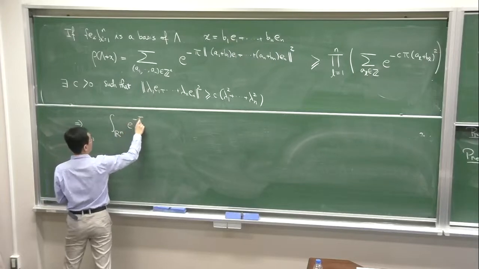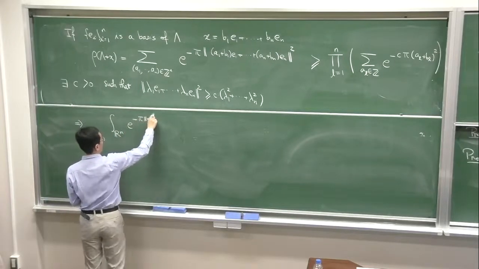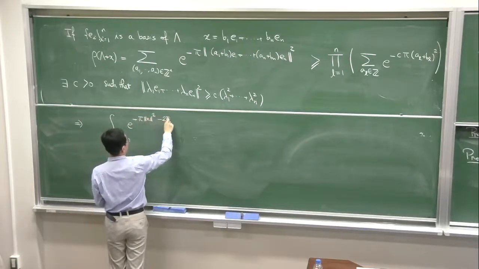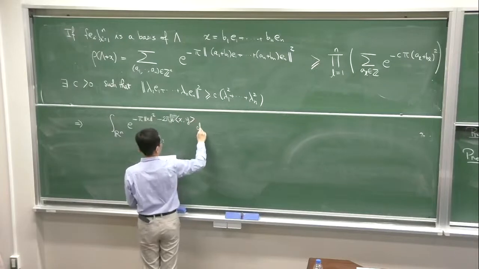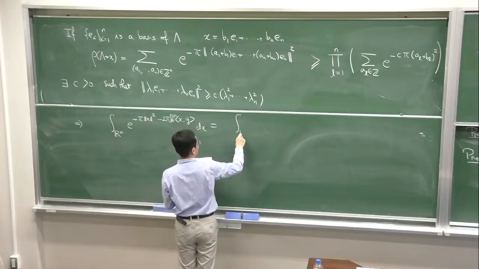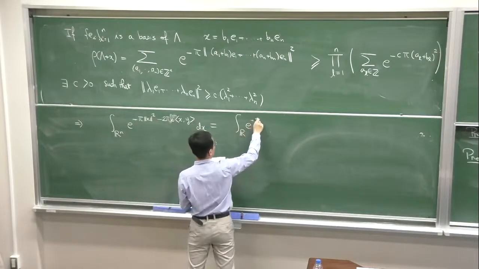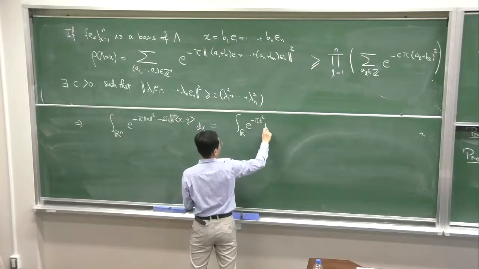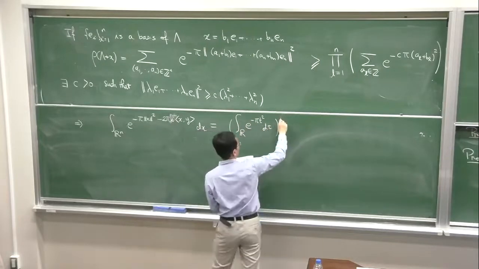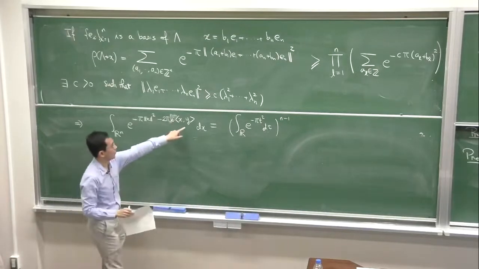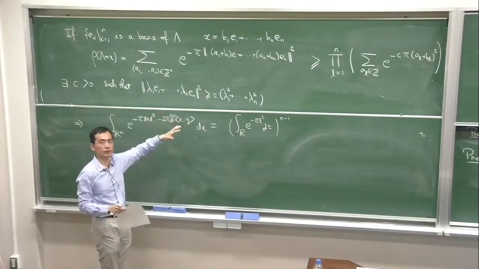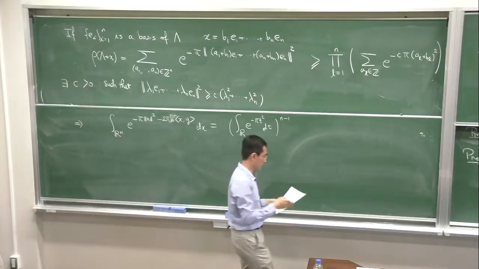The integral of e to the minus pi norm of x squared minus 2 pi i xy dx, you just find the integral of e to the minus pi t squared dt to the power n minus 1, because the other coordinates do not get involved with y, because y is orthogonal to the other coordinates.